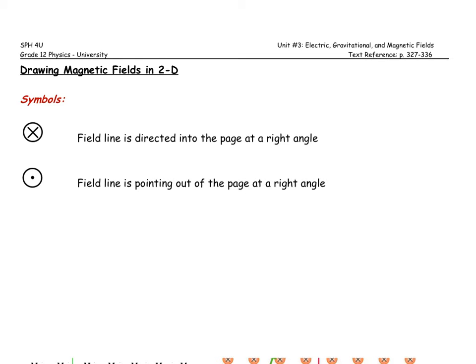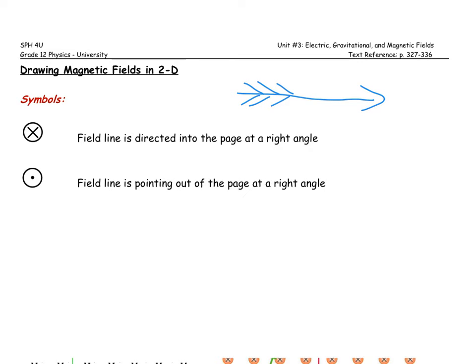If you see a circle with a little X or a plus in the middle, that indicates that the field line is directed into the page at a right angle. And if the field line is pointing out of the page at a right angle, it's going to look like this little dot. One way that we will teach this is to say, think about it like an arrow, one of these arrows with the, whatever you call them, feathers on the back.